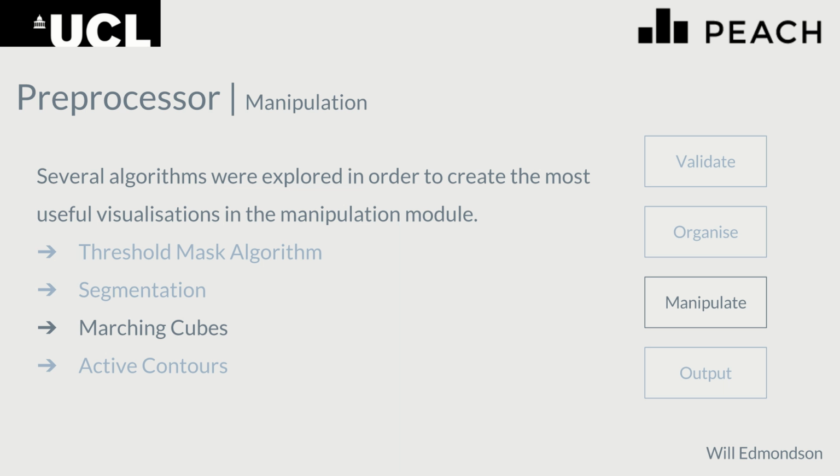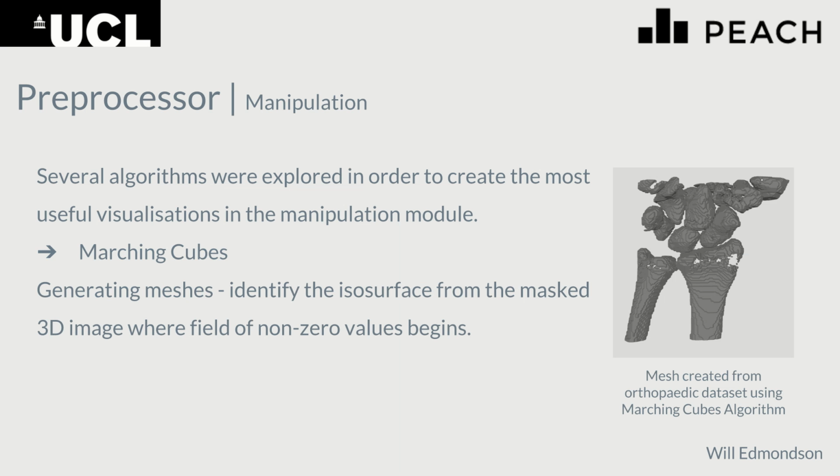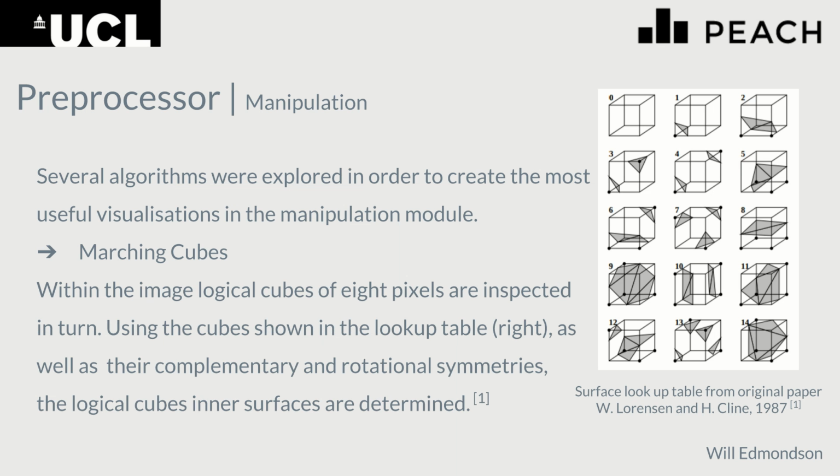Marching cubes algorithm was used to create the meshes, identifying first an isosurface within the 3D voxel arrays of intensities, and then within logical cubes of 8 pixels and a lookup table shown on the right, complementary cubes are matched and the inner surface is determined.